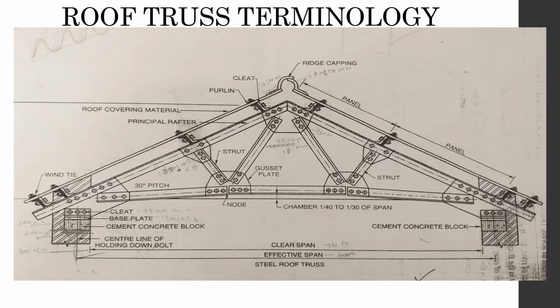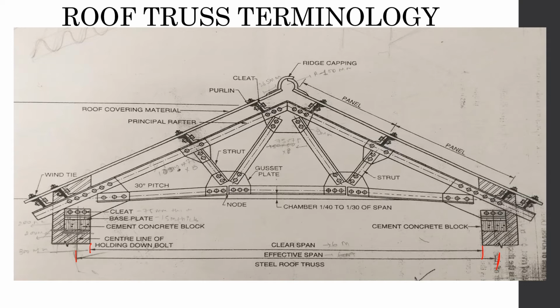Now let us understand some roof truss terminologies. We'll start with the things which you almost already know. From this wall to this wall, the distance is called clear span, and from the center of where the load is the effective span.